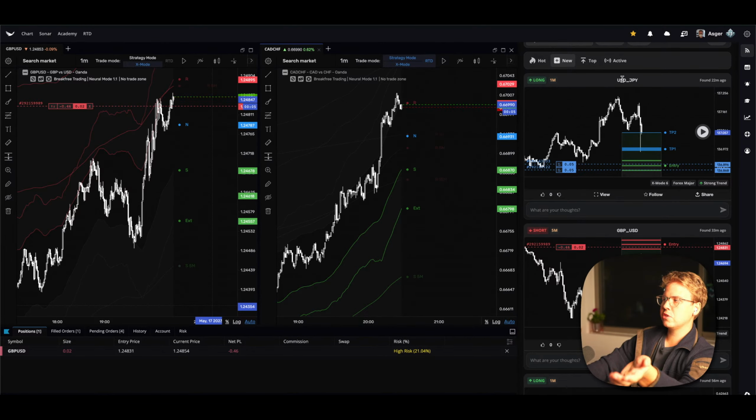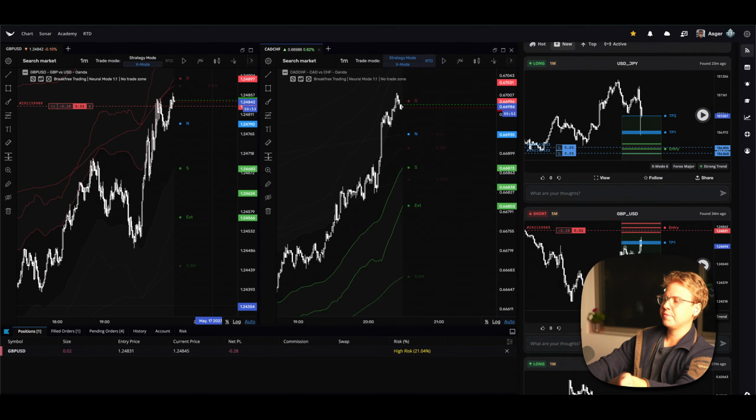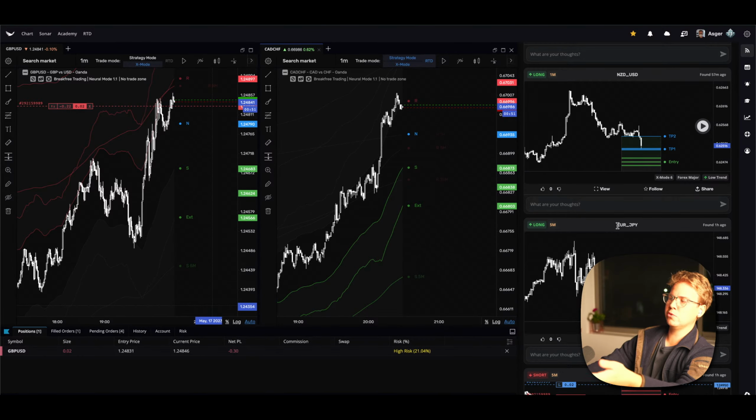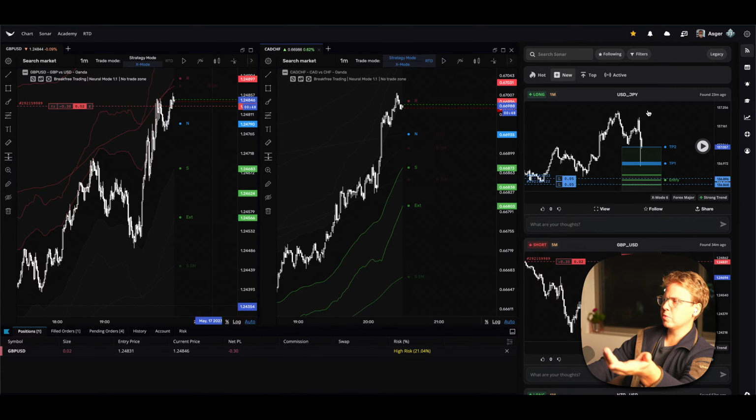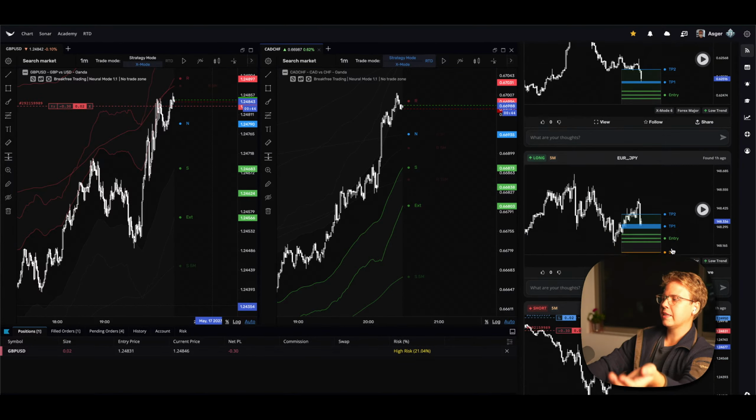So if you have USD JPY here and GBP USD, and you take both trades, you're now double exposed on USD, and whatever happens with USD will give you the result of both of your trades. So what you want to do instead is something like Euro JPY mixed with GBP USD. You want to mix it up like that.